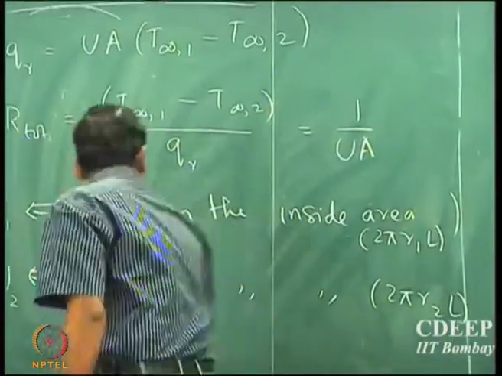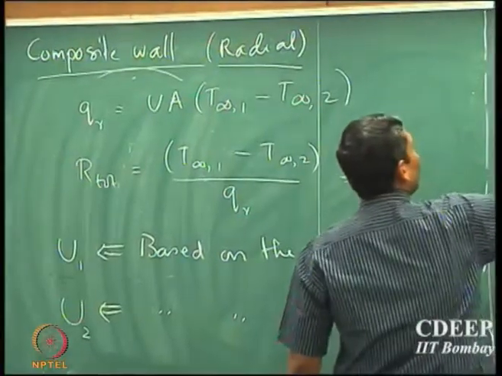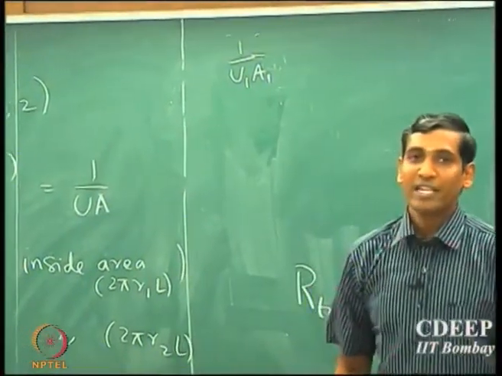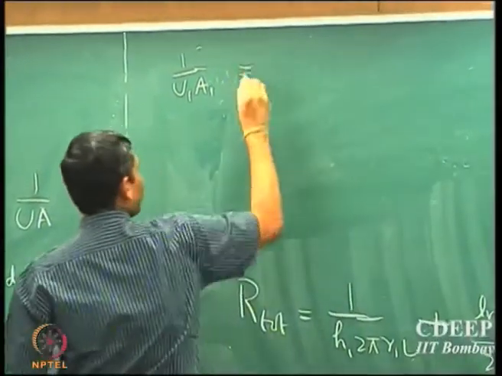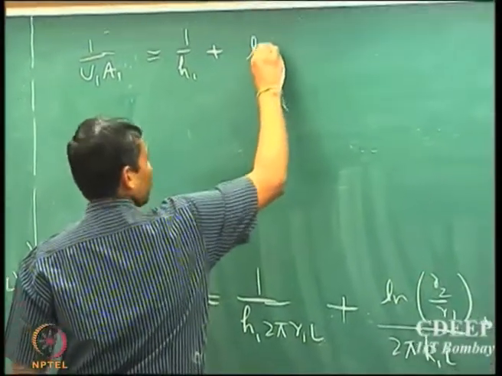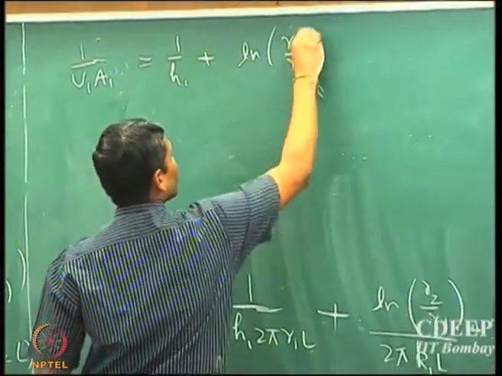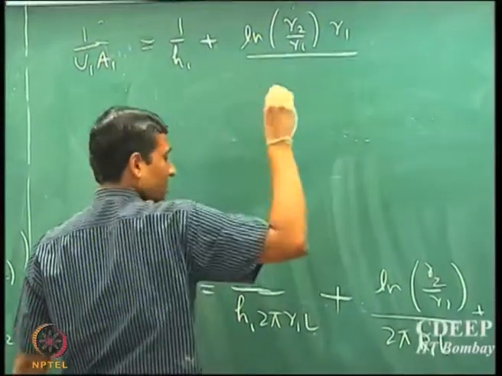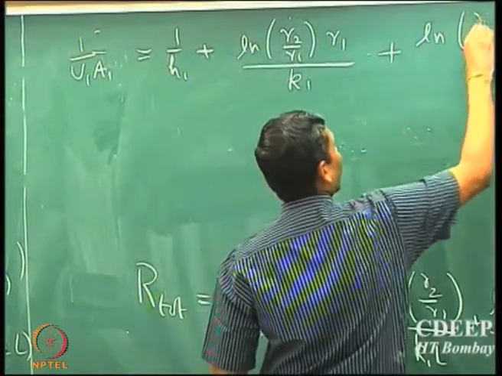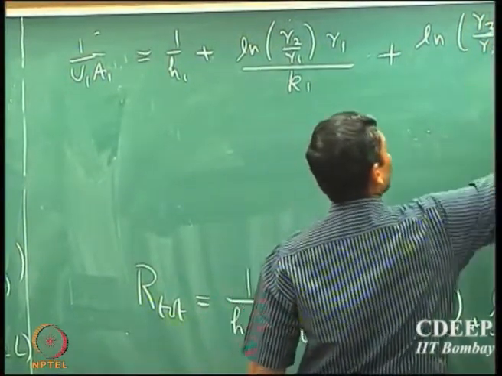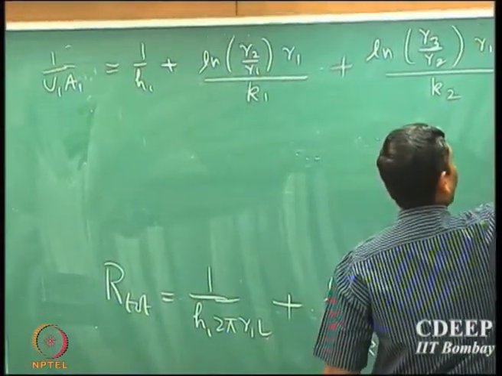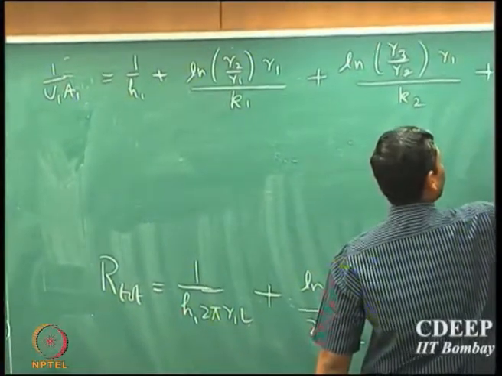Supposing I define the overall heat transport coefficient based on the inside area, 1 by UA, that will simply be 1 by H1 plus ln R2 by R1 into R1 by K1 plus ln R3 by R2 into R1 by K2 plus 1 by H2 into R1 by R3.